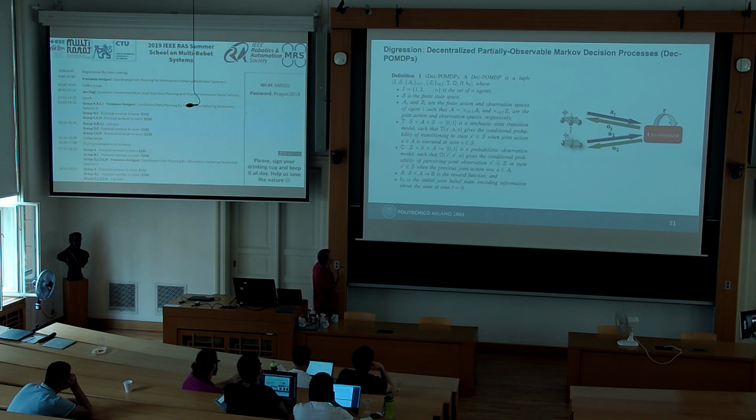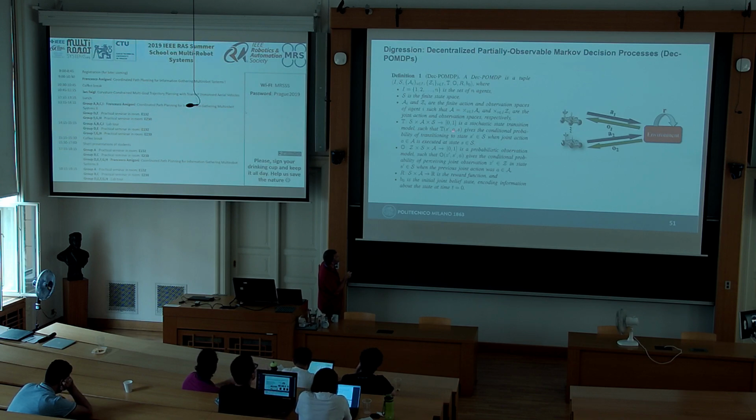We define two basic functions that describe the interaction with the environment. One is the transition function, which says that given a state of the environment, a joint action of the agents, and one possible next state, it returns the probability of that next state. So if the environment is in S and the agents jointly perform an action A, which is action A1 for agent 1, action A2 for agent 2, action A3 for agent 3, then this function returns the probability to end up in state S prime.